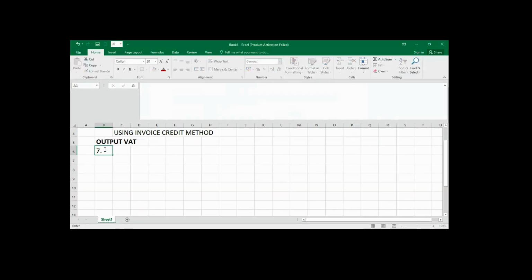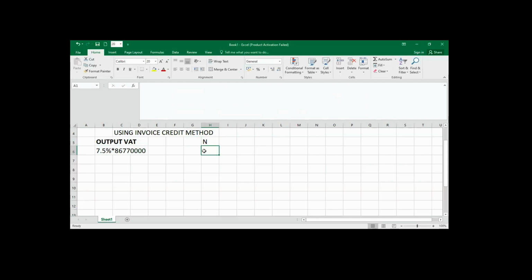In that case, our output VAT will be 7.5% multiplied by 86,770,000. Can somebody help us calculate it? 7.5% of 86,770,000. What does it give us? Let us press our calculator.